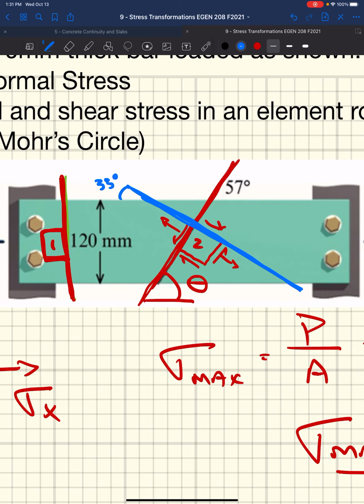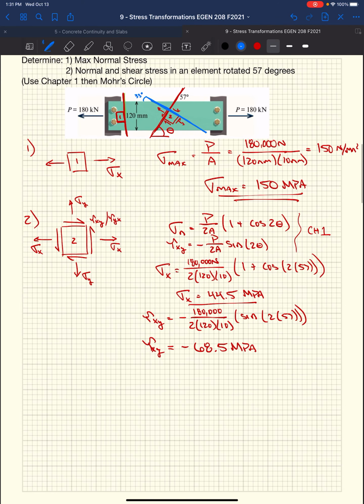So if we run this number, if we look at sigma y equals 180,000 newtons, 2 times the area, 120 times 10 millimeters, 1 plus cosine 2 times 33, we end up with sigma y equal to 105.5 megapascals.